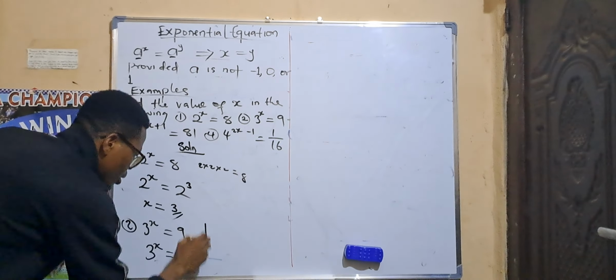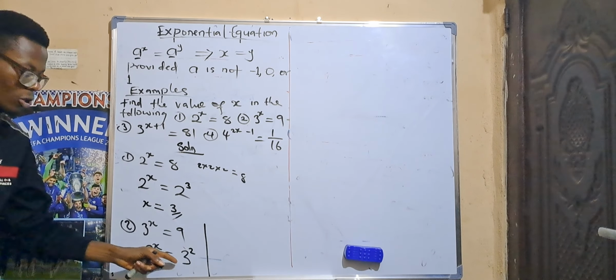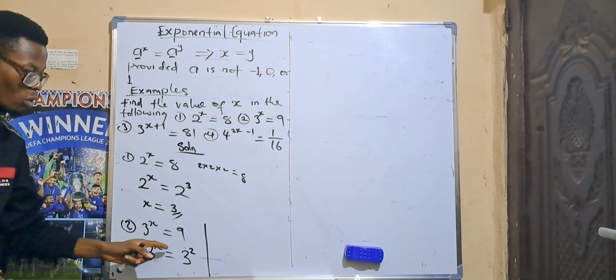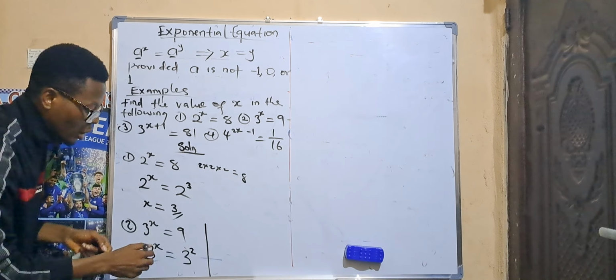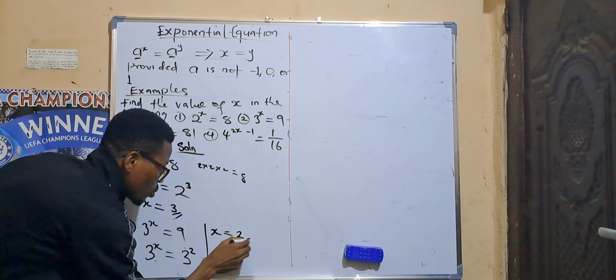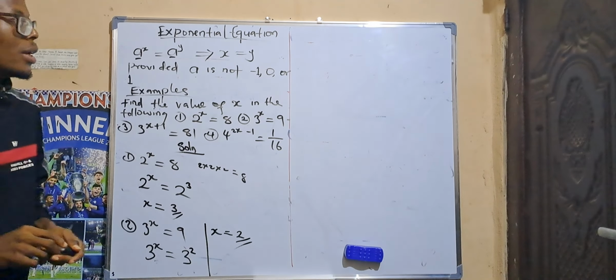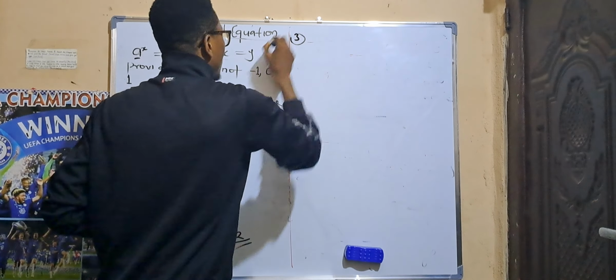If I have this, that means the bases are equal, right? So my x will be equal to 2, because the powers will be equal to each other. So what I have here is x is equal to 2. Are you seeing it? Now, the third example, we have number 3.